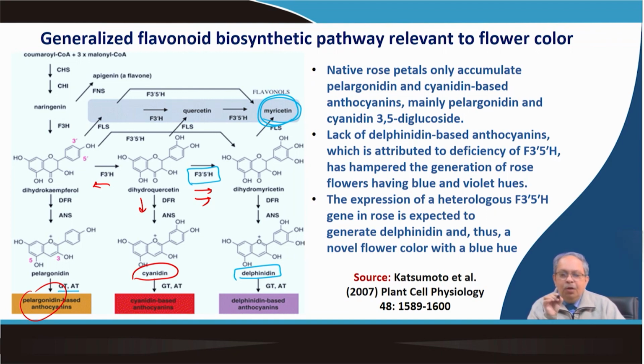Therefore, in order to have a target rose cultivar where the gene is to be transferred, it is important to do a thorough screening to find a rose cultivar that accumulates more flavonol as co-pigments, like myricetin.